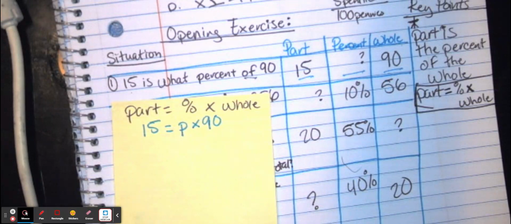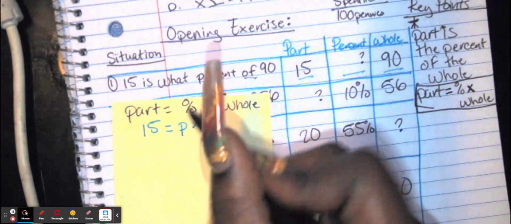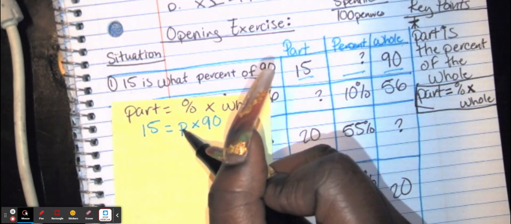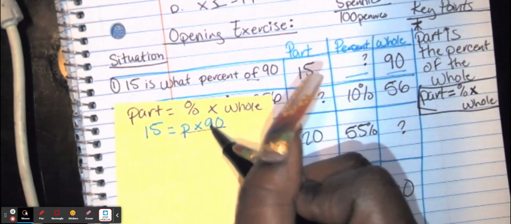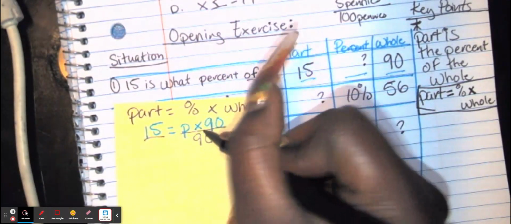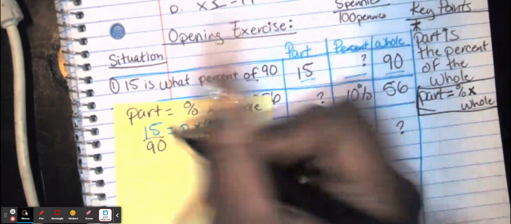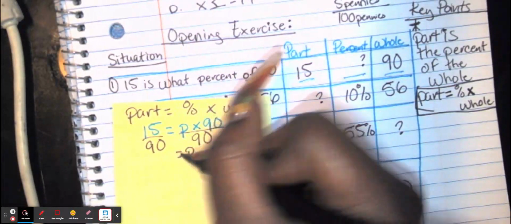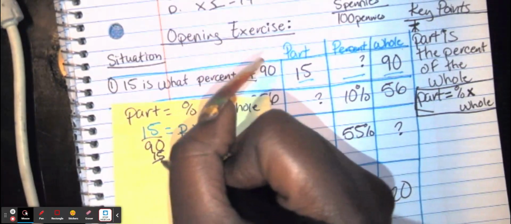So here, of course, just like we always solve for variables, here P and 90 are multiplying. So in order to undo multiplication, I divide. So your percentage P could equal 15 over 90.